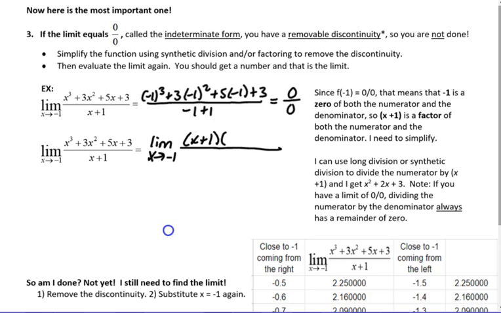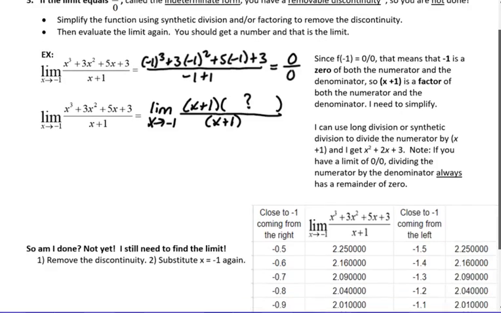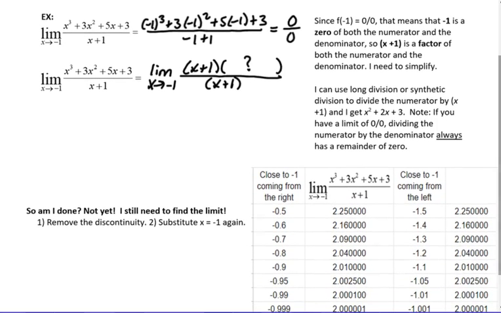We also know that the other factor, whatever it is, has to be quadratic because this is x cubed. So x times an x squared is going to give me an x cubed. This will not be something that you can just simply factor by looking at it like you could if the numerator was a quadratic. We're going to have to use division to find the missing factor, either long division or synthetic division. Since some people prefer one and some people prefer the other, I'll show it both ways.